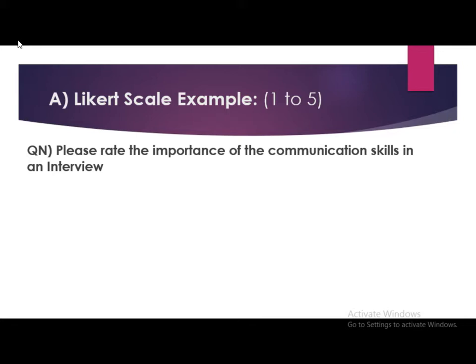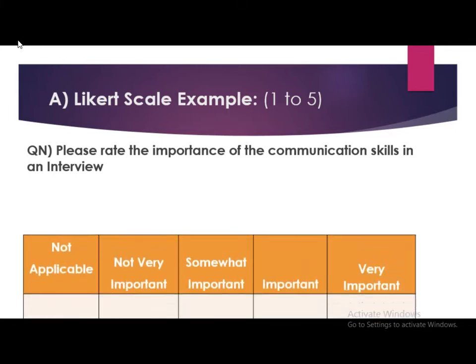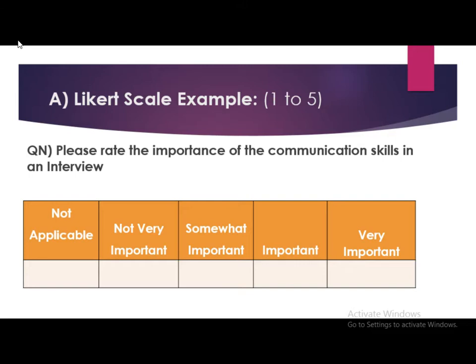Suppose this was the question asked to the respondents, and the options are: communication skills are not applicable, not very important, somewhat important, important, or very important. So this is the Likert scale example, where a Likert scale of 1 to 5 is given to the respondent. The respondent now has to click on the option that is his opinion.